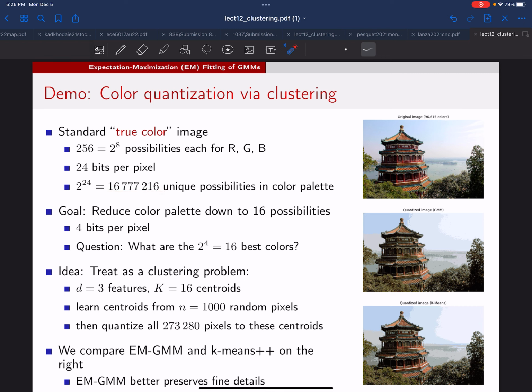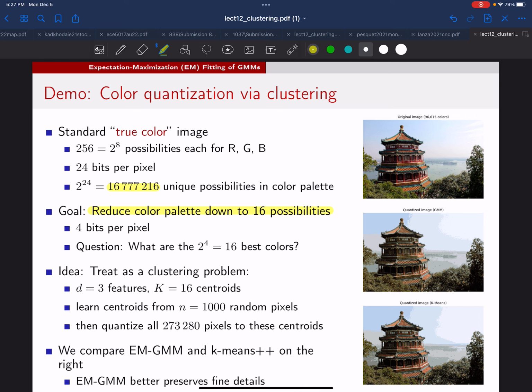Now, in an image of a certain size, especially when the size is less than 16 million, you're not going to have every one of these color possibilities manifest. So for this image, it turned out that there were about 97,000 different colors represented. So our goal is to try to compress the image by reducing the color palette down to 16 possibilities, down from almost 17 million.